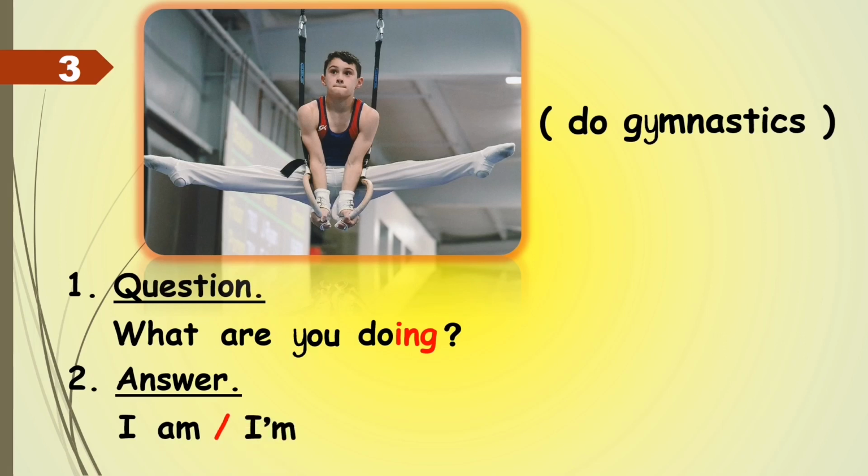Now the verb with ing, do plus ing becomes doing. And the object, gymnastics. And remember the full stop. I am or I'm doing gymnastics. Now the question, what are you doing? And the answer, I am or I'm doing gymnastics.